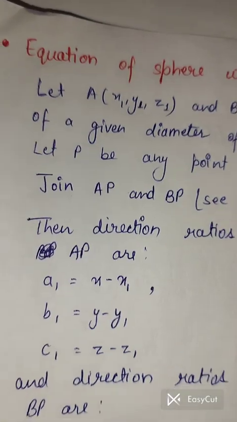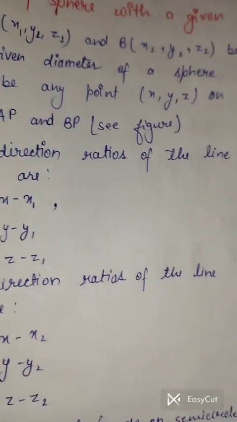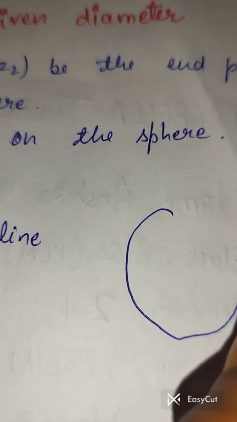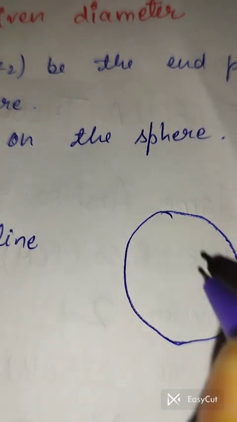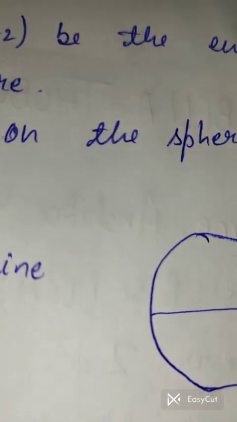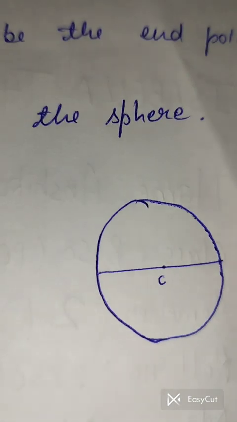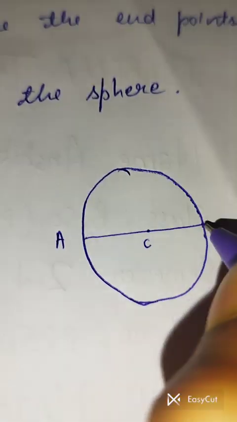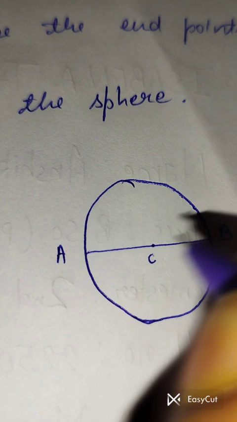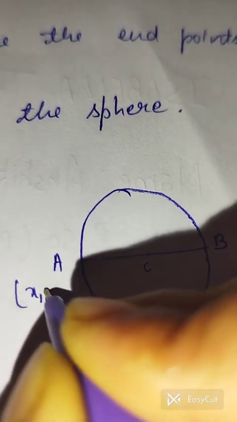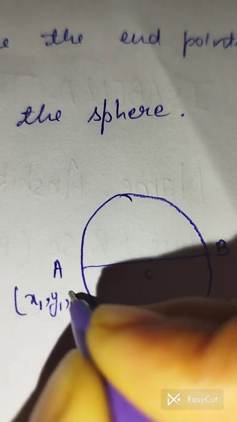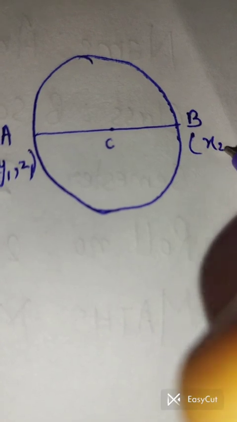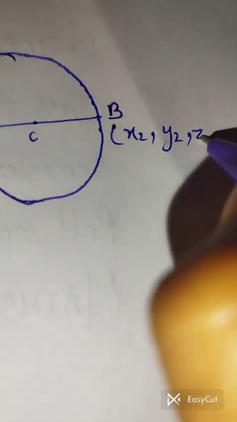So now we will see the equation of a sphere with a given diameter. So basically this is our sphere and, as we all know, the diameter passes through the center. So let the diameter be A and B. The coordinates of A are x1, y1, z1, and the coordinates for B are x2, y2 and z2.